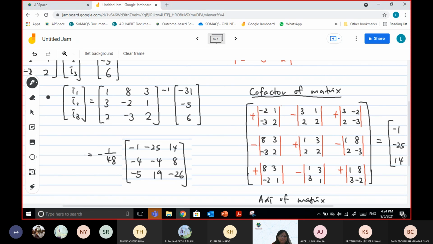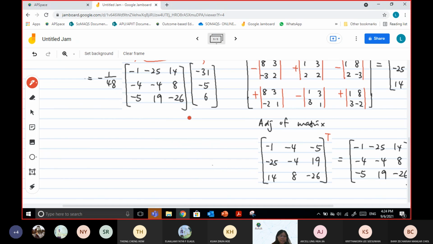Then multiply with the matrices first. May I know what is the answer for the matrix? 240.